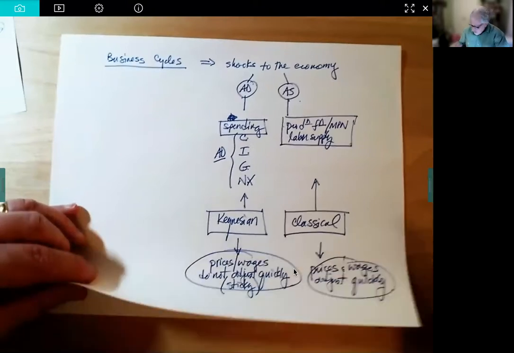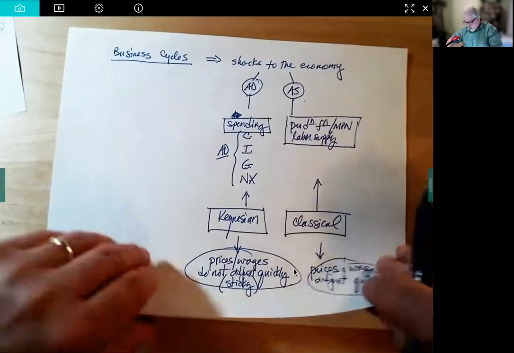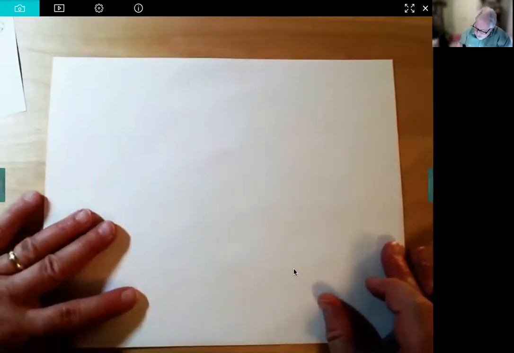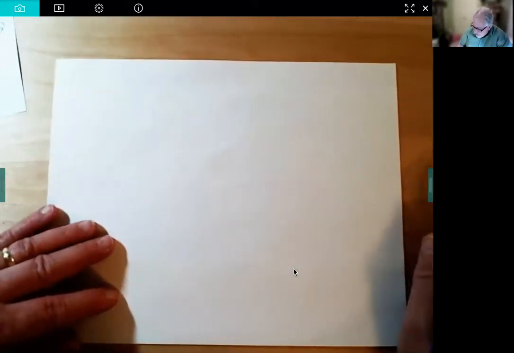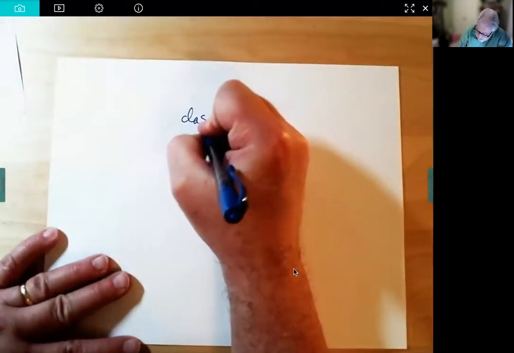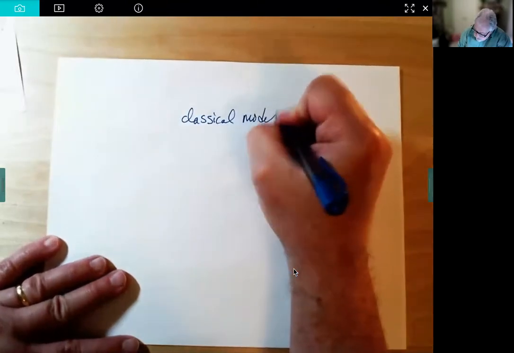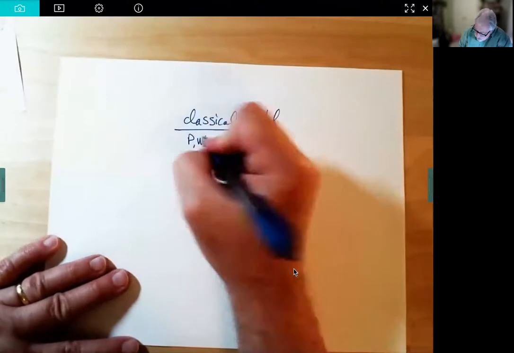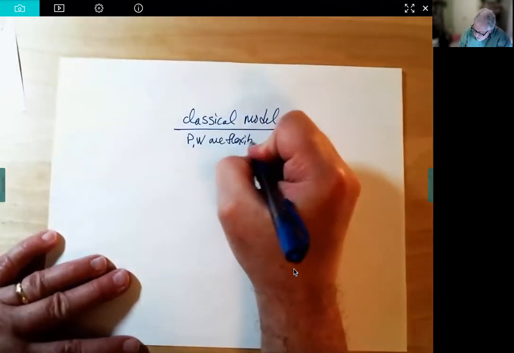Now, let's take a quick look at the Keynesian and classical models. At the end of chapter 8, we're talking about business cycle behavior and business cycle facts. If we think about the classical model first, remember the assumption is that prices and nominal wages are flexible and they adjust quickly.